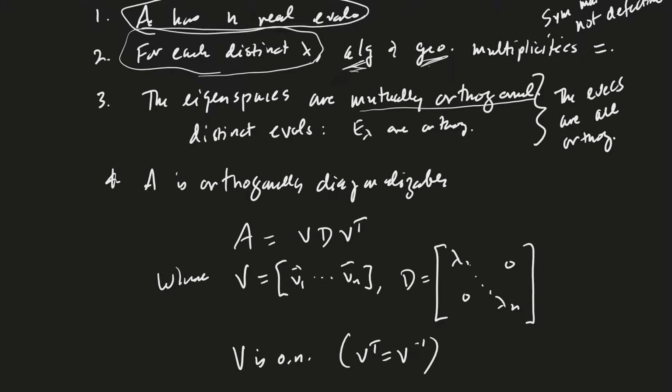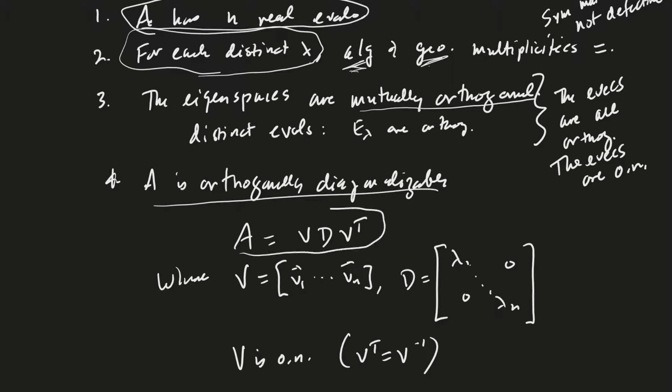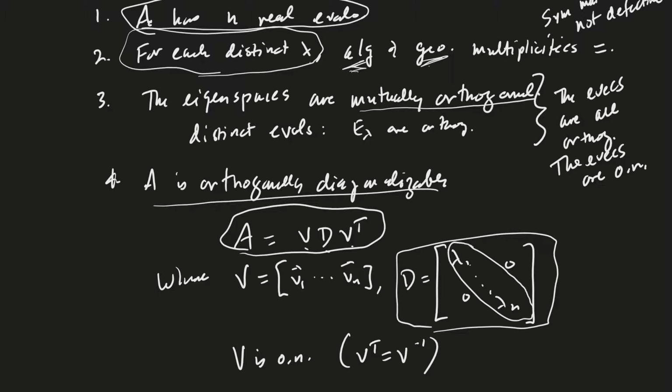And in fact, we're going to normalize them as well, and so the evects are orthonormal. They're going to provide an orthonormal set. That's what we mean by orthogonally diagonalizable. A can be factored as V times D times V transpose, where D is a diagonal matrix with the eigenvalues along the diagonal, and the matrix V corresponds to the eigenvectors.